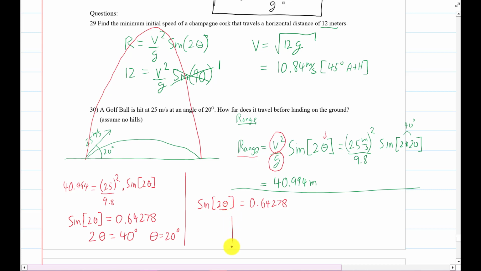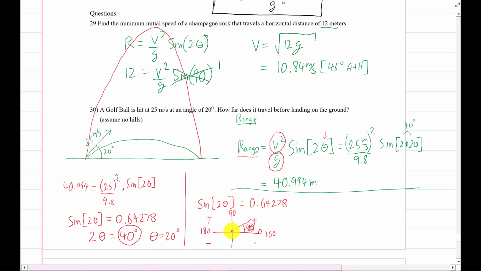First thing that we need to know is that sine is positive in both quadrants of 0 to 90 and 90 to 180. It's negative down below all the way back to 360. So we have a reference angle here of 40 degrees.